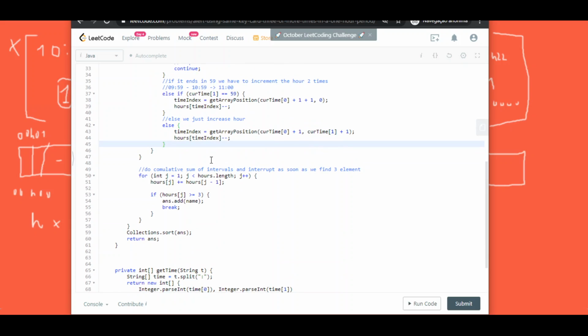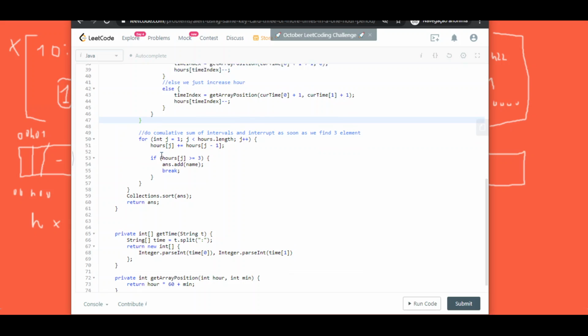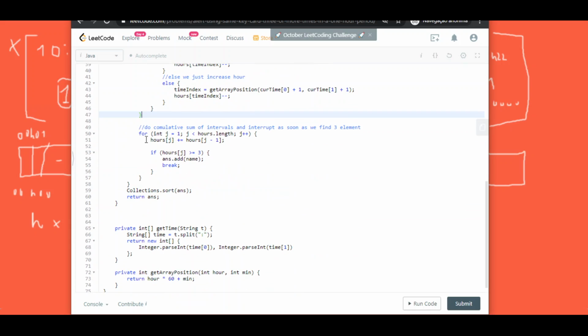Then after we do this marking, we need to do the cumulative sum, and that's what we do here. If we find a sum which is equal or greater than 3, we add this worker to the list, and we break the for loop. There is no need to continue.